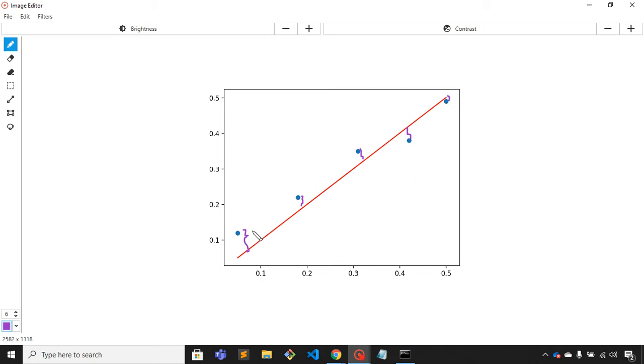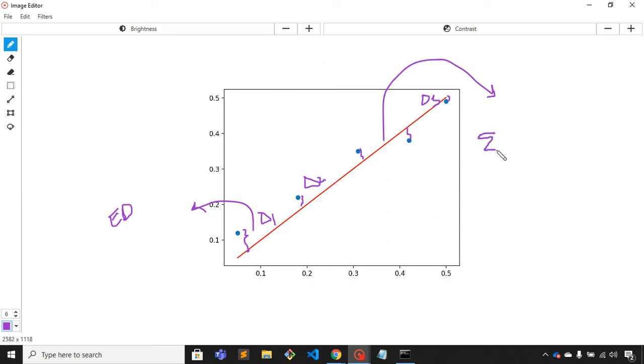That difference is called the error difference, and the error difference is represented by delta. So this is delta 1, similarly this is delta 2, and we have delta 5 here. The red line is drawn in such a way that the sum of the squares of delta is minimum.